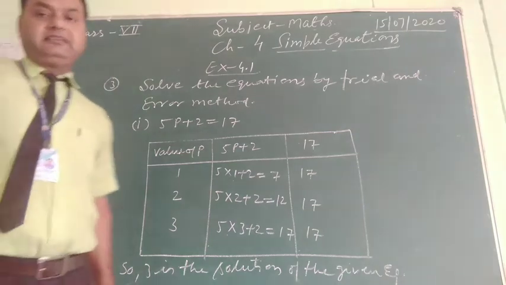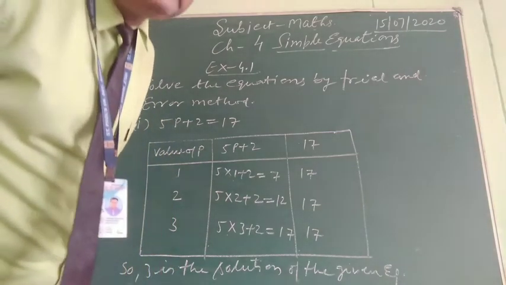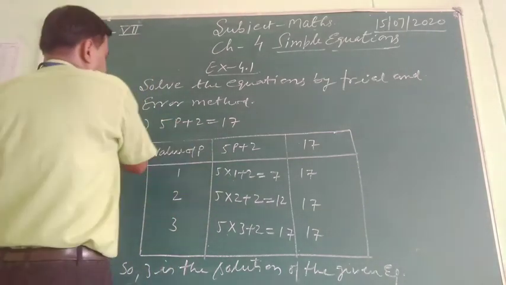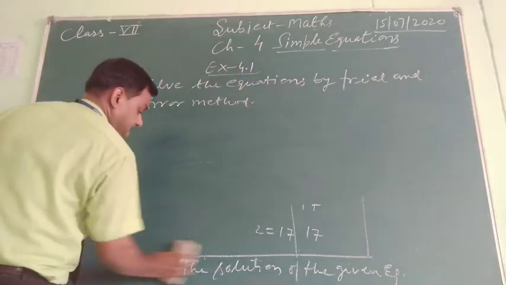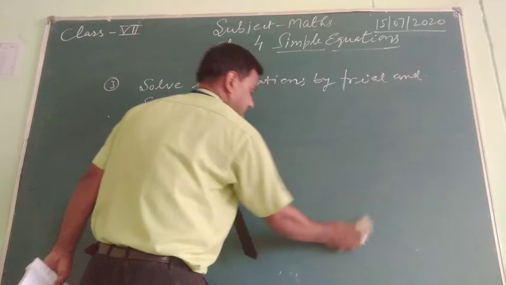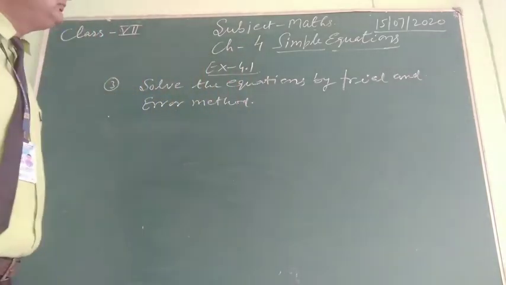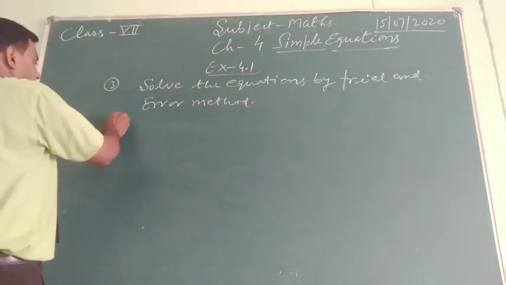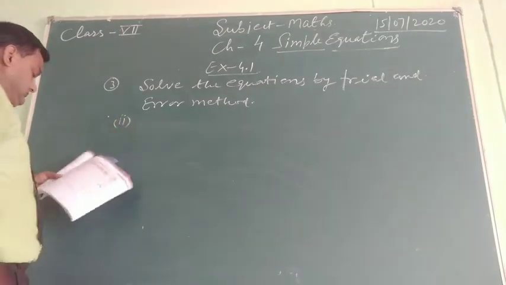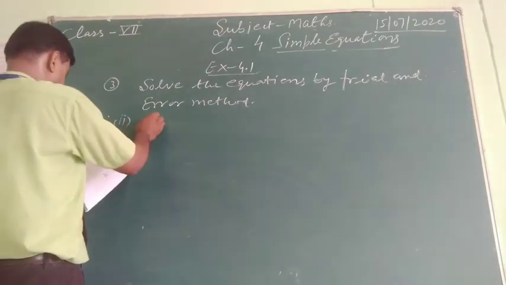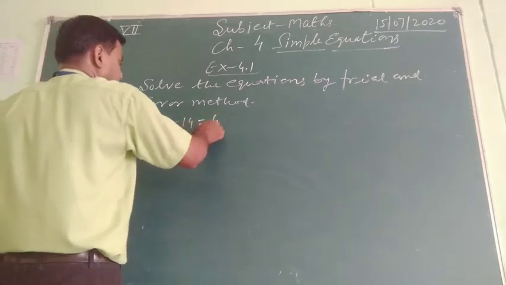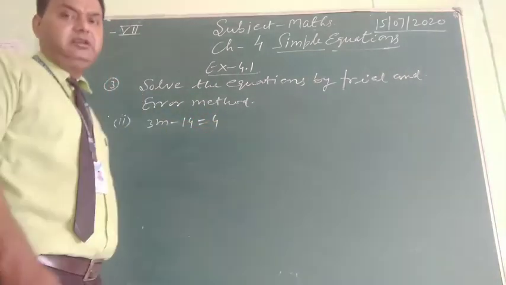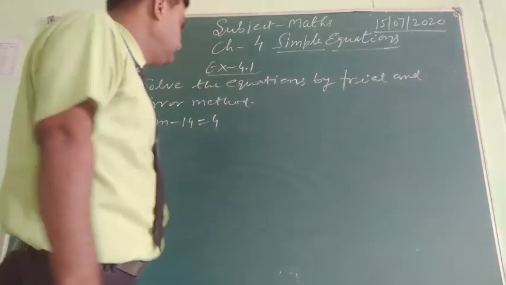Now the second part is 3m minus 14 equal to 4.